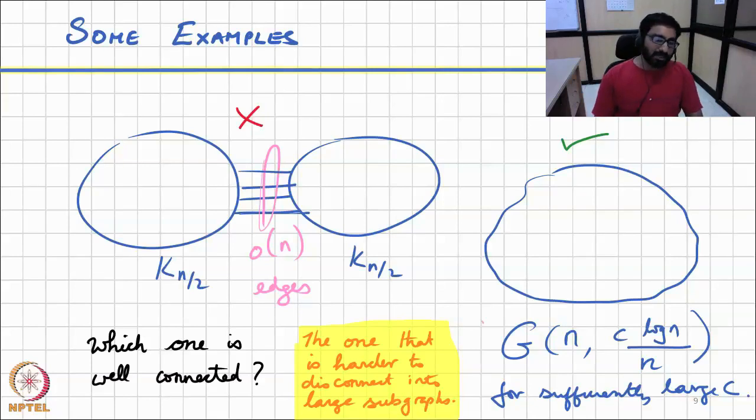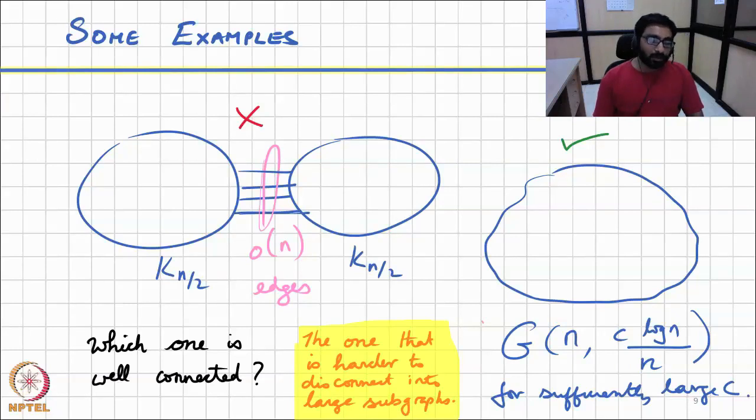So this gives us a sense of what we are looking for in terms of what is a well-connected graph versus what is not a well-connected graph. Notice, for example, that the graph on the right, it's easy to isolate a few vertices because it's essentially a sparser graph. So by deleting a few edges, we can disconnect the graph. So that's really not what we're talking about.